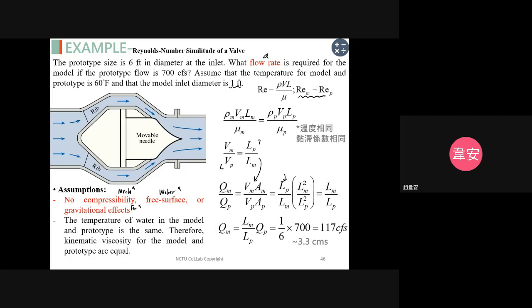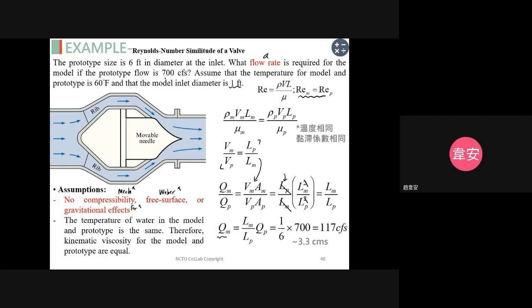In that way, we can cancel out one power of the length. Finally, we know that Qm divided by Qp is equal to Lm divided by Lp. So the discharge in the model is equal to Lm over Lp multiplied by Qp.